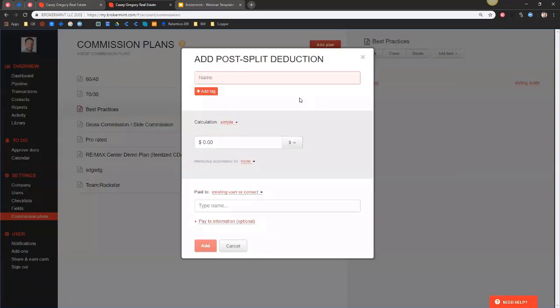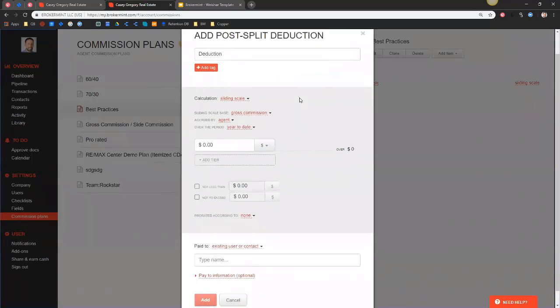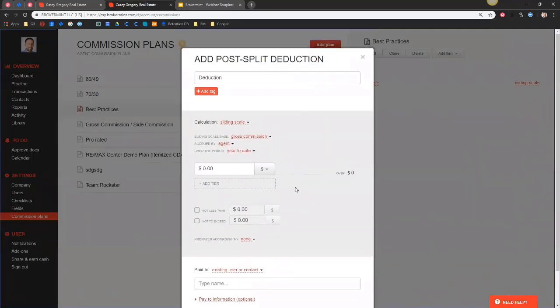So when we go to set up our post-split deductions, we can define its name. And then just like before, we can decide if this is going to be a simple deduction or if this is going to be a sliding scale deduction. What's great about setting up sliding scale deductions is a really nice functionality.